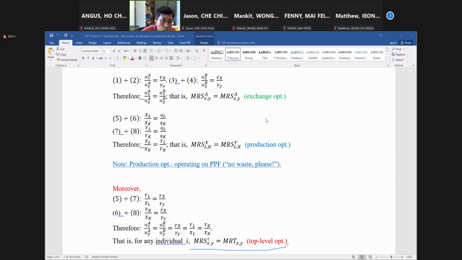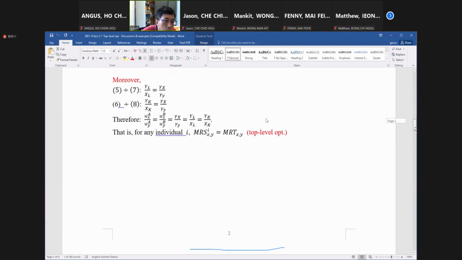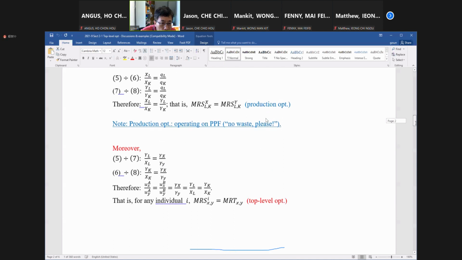Here, one student, Fanny, just asked me to give a little more explanation about this one. I will do that. I believe some other students may have a similar problem, particularly about the difference between the two numbers. Mathematically, we can easily get this result.